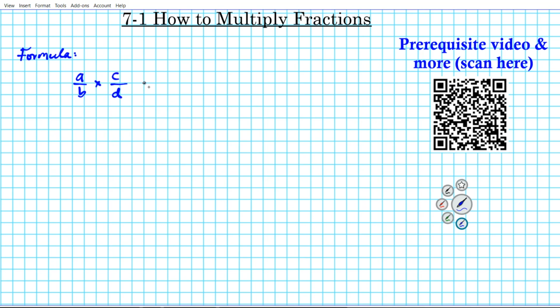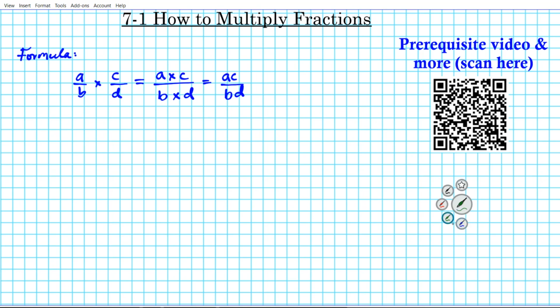When multiplying fractions, you multiply horizontally across, okay? So it's going to be a times c divided by b times d, which you can write in a simplified form as ac over bd, which represents a times c divided by b times d.